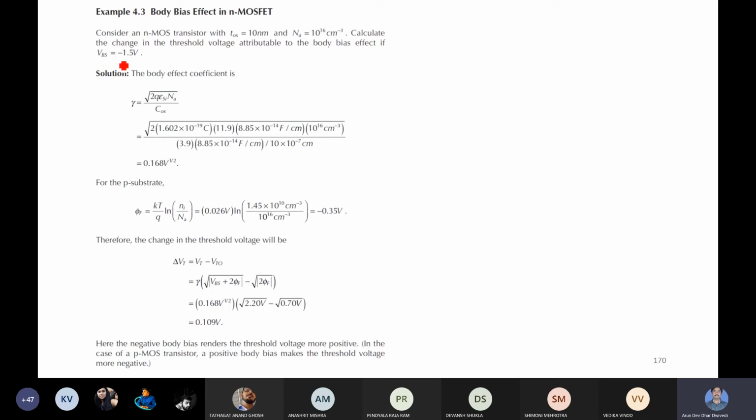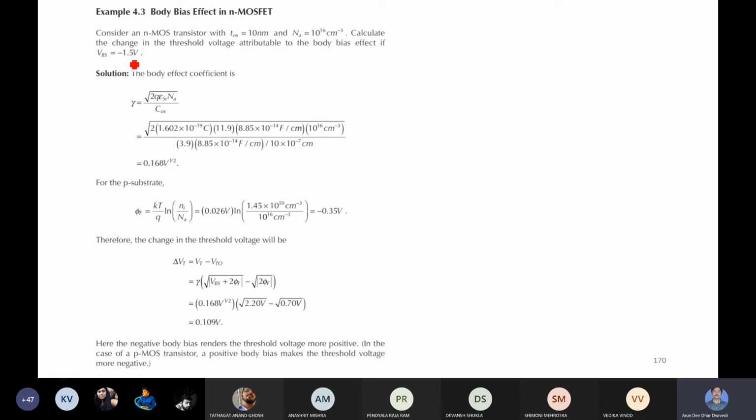If you are applying a body bias VSB between body and source, the positive terminal is connected to the body, and the actual value of voltage between body and source is minus 1.5 volt.